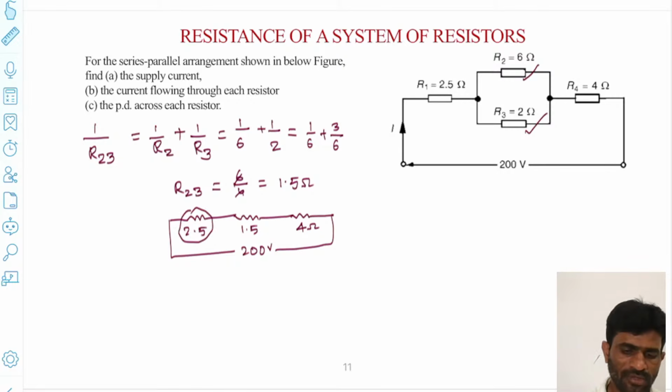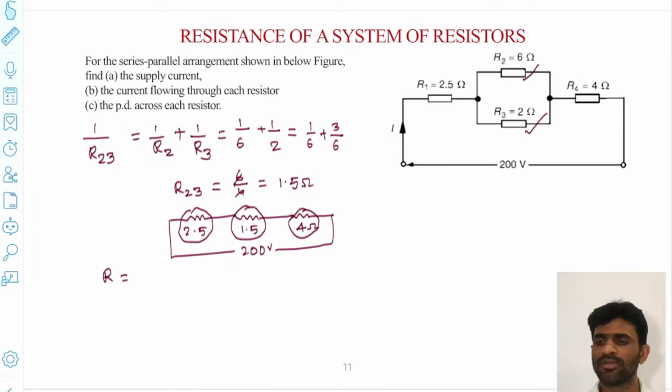Series. Because these three are connected in series, the effective resistance is 2.5 plus 1.5 plus 4. You got the answer also, Deepak. Correct. The effective resistance is 8 ohms. R we got is 8 ohms.